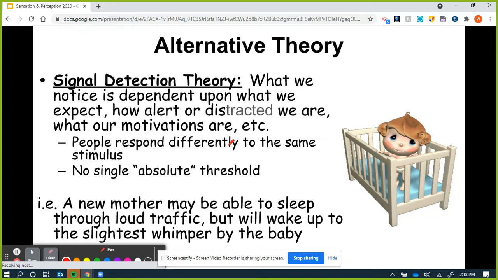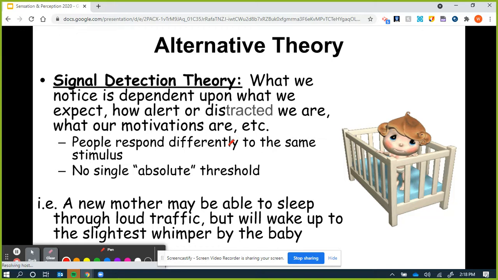This is called signal detection theory. All right? And it just looks at, well, what are some of the signals that we detect and why? So, for instance, a new mother might be able to sleep through all these noises outside, but the second the baby starts to cry, they hear it.